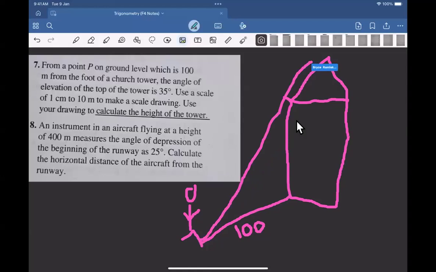Yeah, we will work with that. And this is the angle of elevation as well, 35 degrees. Show me what that 35 degrees would be.